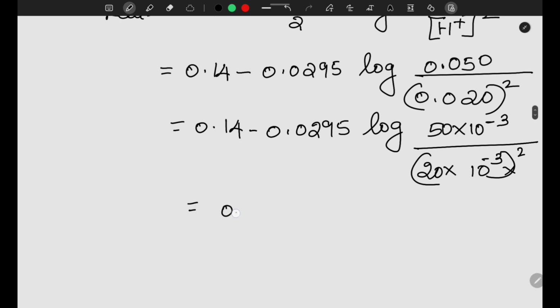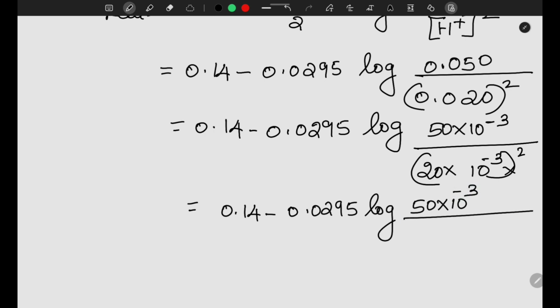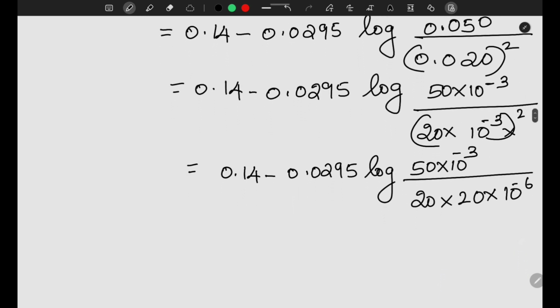So that will be equal to 0.14 minus 0.0295 log 50 into 10 raised to minus 3 divided by 20 into 20 into 10 raised to minus 6. So I can cancel minus 3 from both sides and we can take minus 6 to the numerator. So it will be plus 3 and 50 into 10 raised to plus 3.